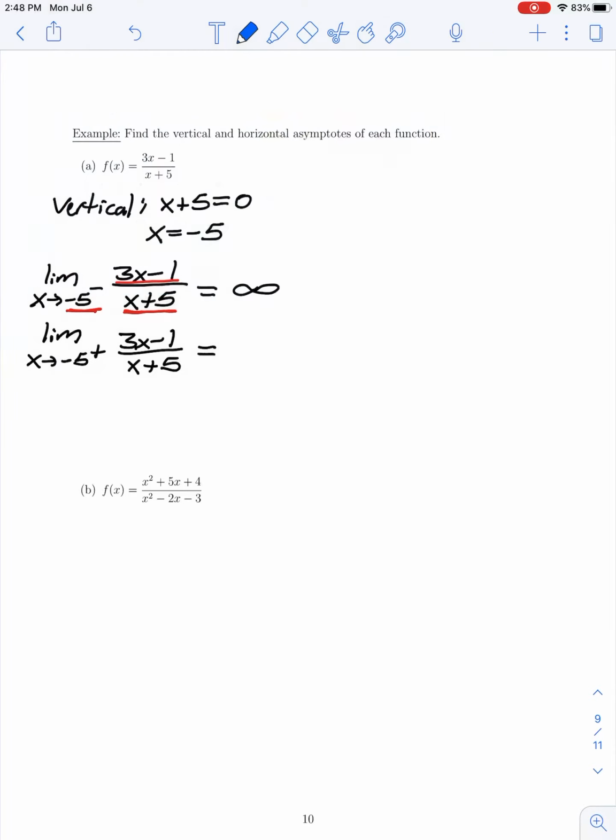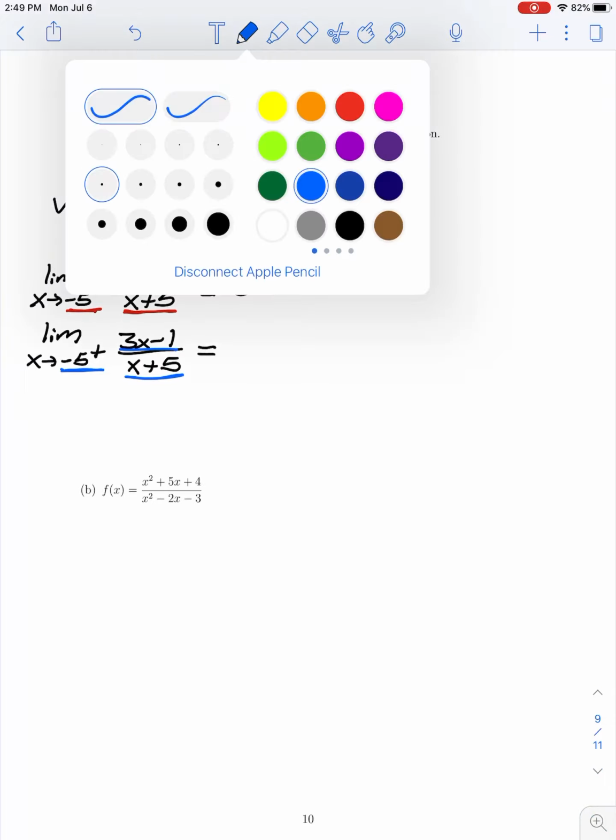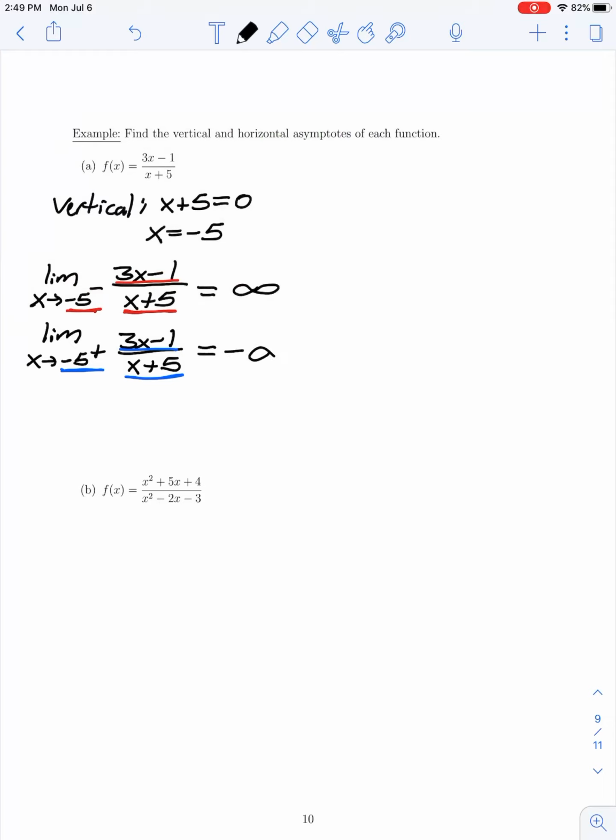And as x approaches negative 5 from the right, well, our numerator is still approaching negative 16, so its value is negative. However, if we're approaching negative 5 from the right, that is taking values of x that are greater than negative 5, for instance, negative 4, we see that x plus 5 would be positive. So the ratio of a negative over a positive would give us a negative infinite limit. So here we have a vertical asymptote of x equals negative 5.